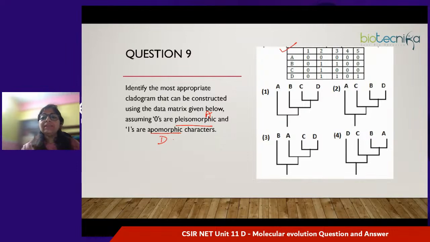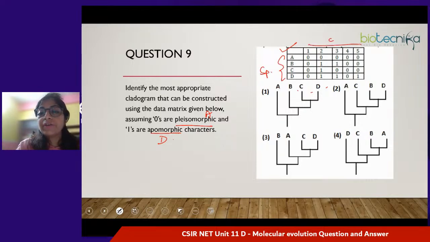So what do we see here? For A, now A is what? A is the species. When you see the phylogenetic tree which is given in the option, immediately you can make out that A, B, C, D are the taxa or the species, whereas 1, 2, 3, 4, 5 are the traits or the characters.